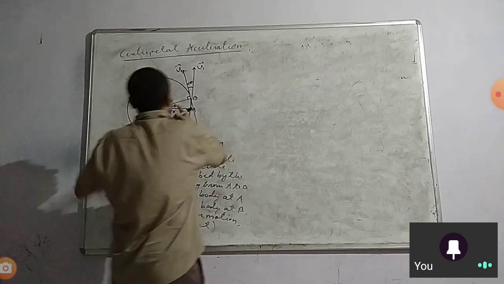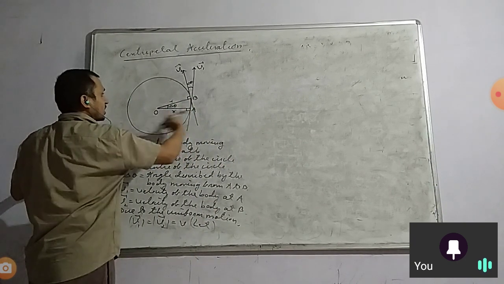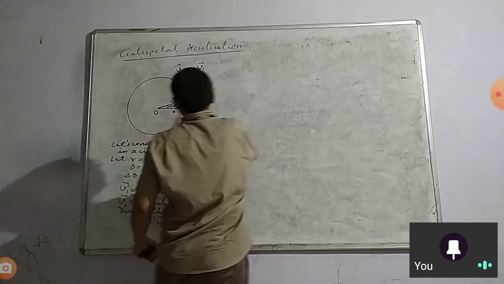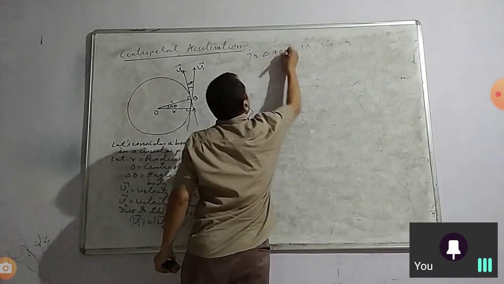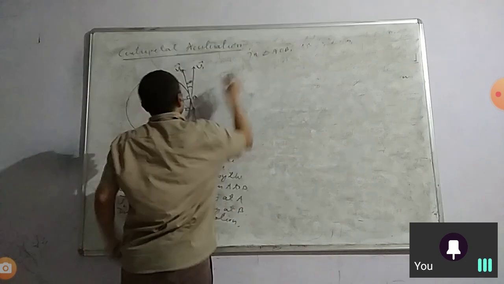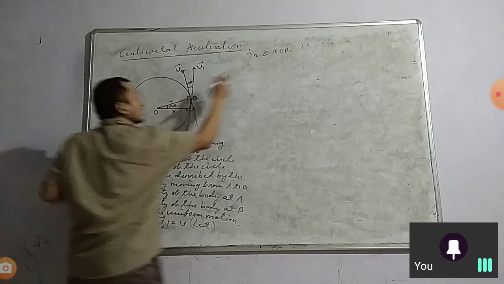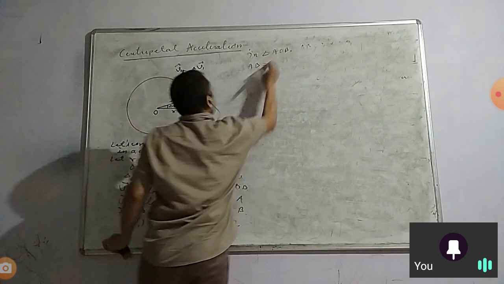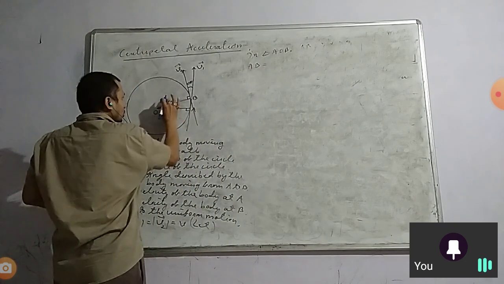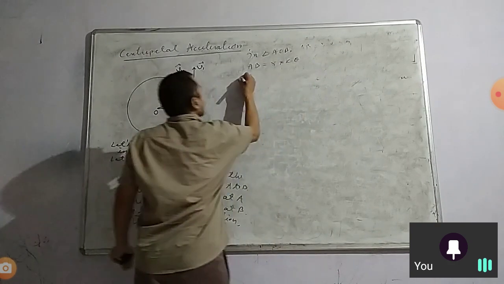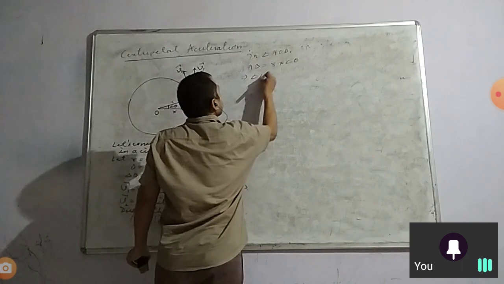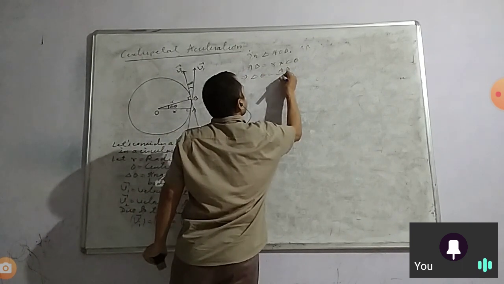Now we take the triangle AOB. In triangle AOB, what can you write? The length of the arc is AB, so AB is equal to radius into theta, here r into delta theta. So finally delta theta will be AB upon r.